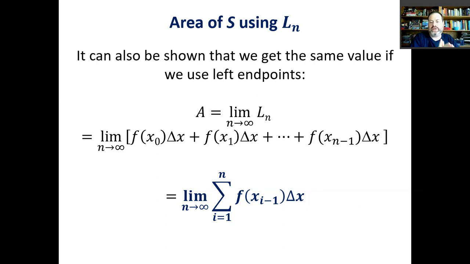Those get closer and closer together. So if you wanted to do a left endpoint approximation, you could. But look here, it's not f of xi anymore, it's f of xi minus 1. So there's a little fudge factor in there. So we don't use the left endpoints for these infinite limits, but it is the same answer.